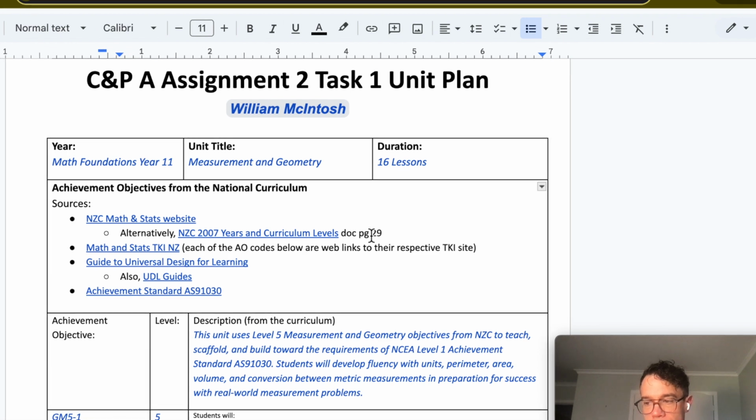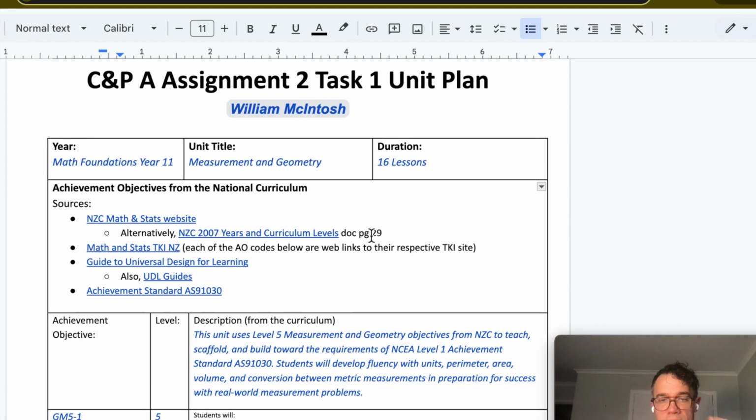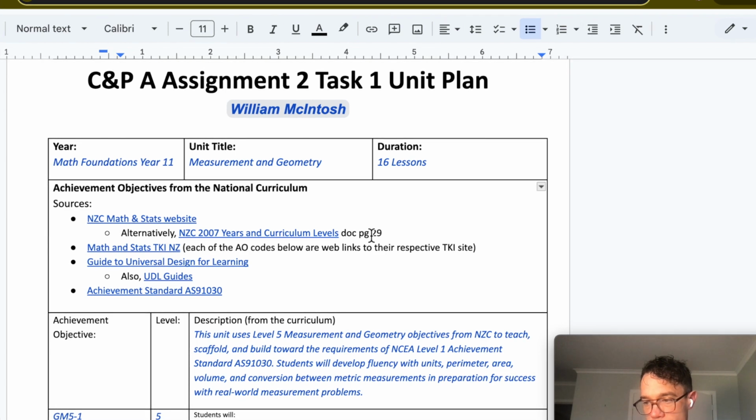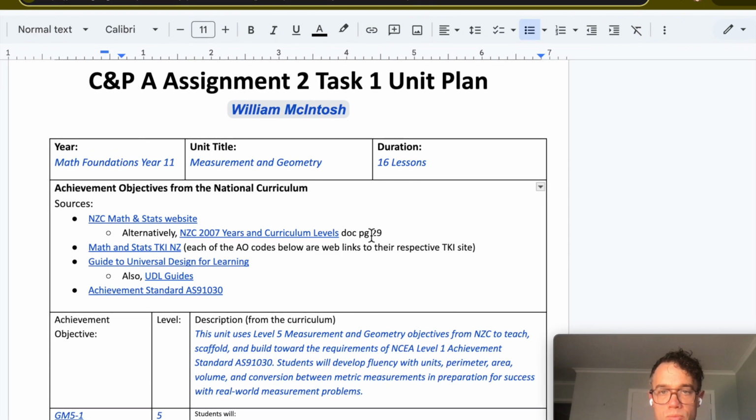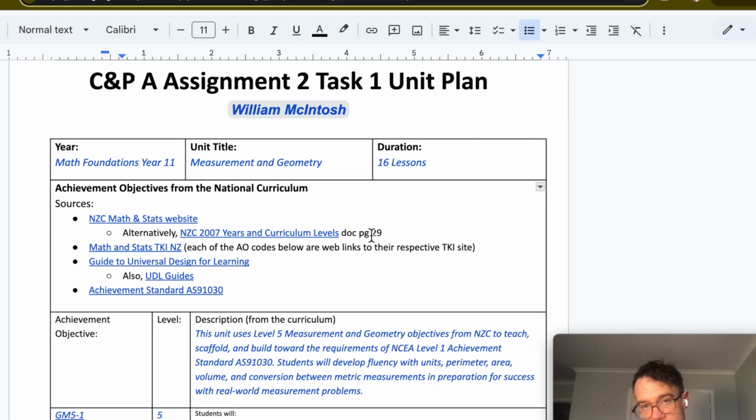We have tukutuku panel layouts. I could ask the students about that in class. We could do finding volume, and therefore, how many bags of dirt are needed to make a kumara garden. There's all sorts of opportunities there to combine and integrate Te Ao Māori.